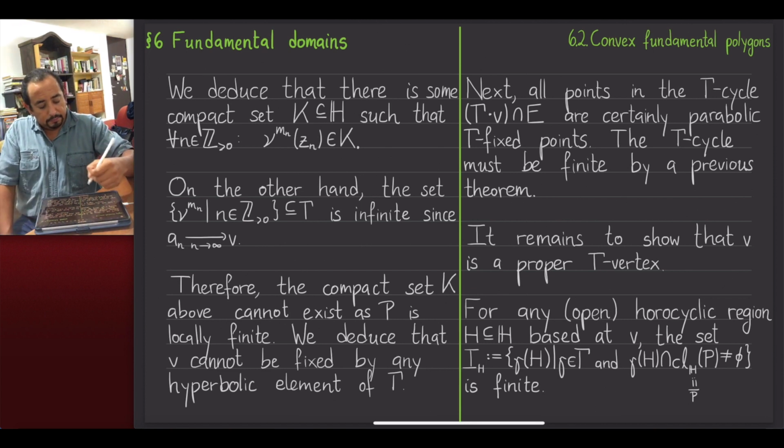So take any horocyclic region H based at V. Then we know that the number of images of this horocyclic region under elements of gamma that intersect P bar is finite.